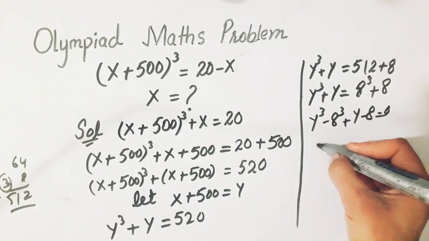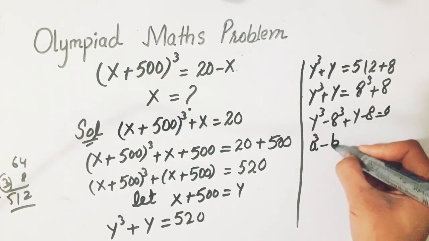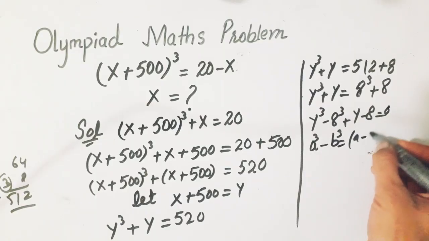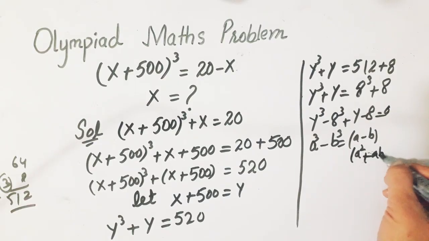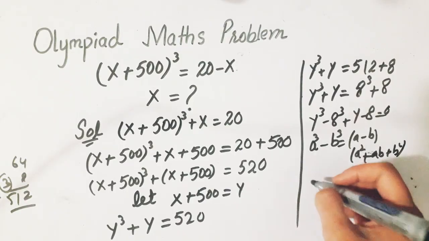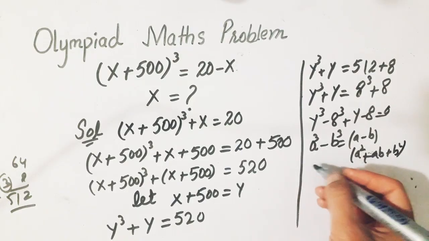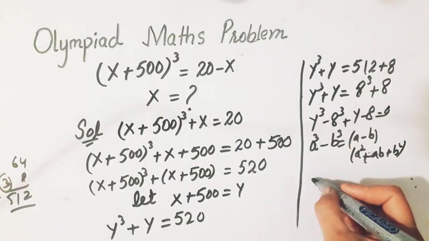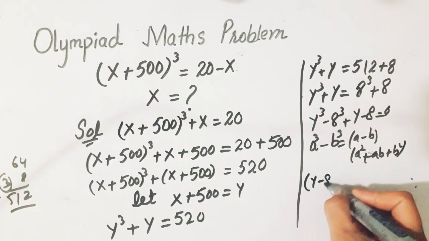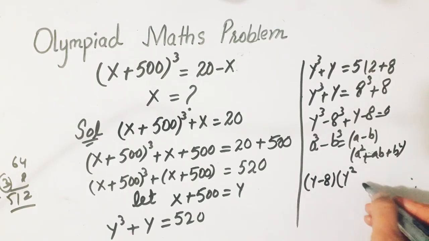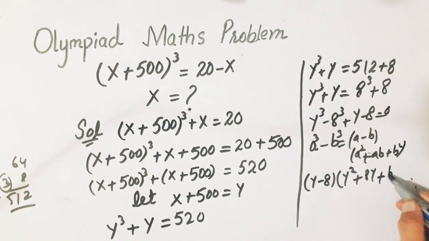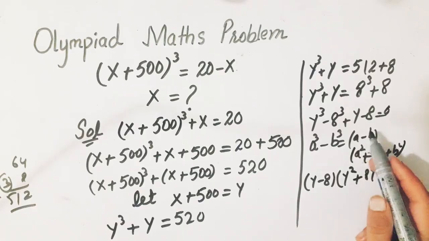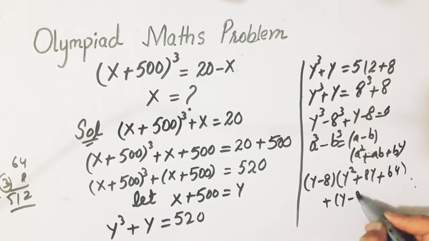Now we use a^3 minus b^3 as (a minus b)(a^2 + ab + b^2). That means we get y^3 minus 8^3 as (y minus 8)(y^2 + 8y + 64), and this will be plus y minus 8.